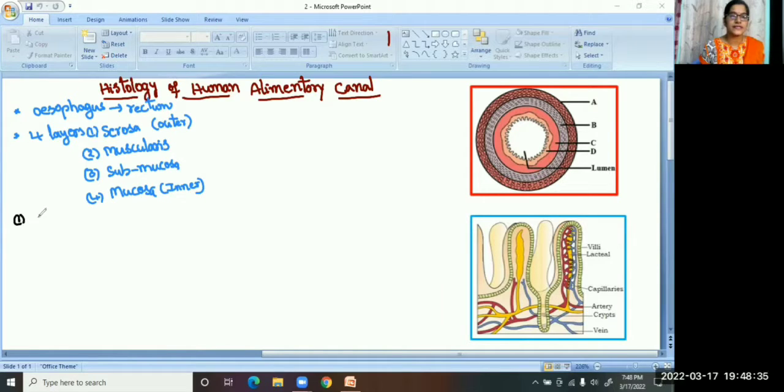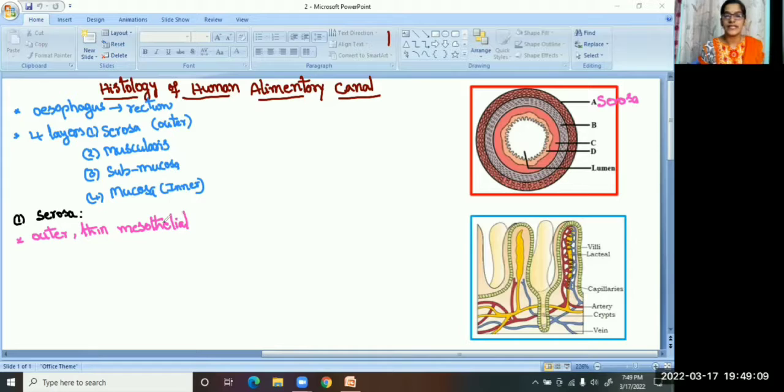First one is serosa. This is the outermost layer, which is made up of thin flattened mesothelial cells.